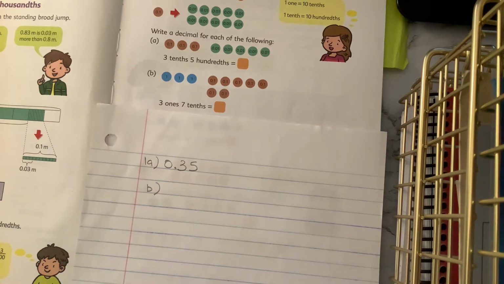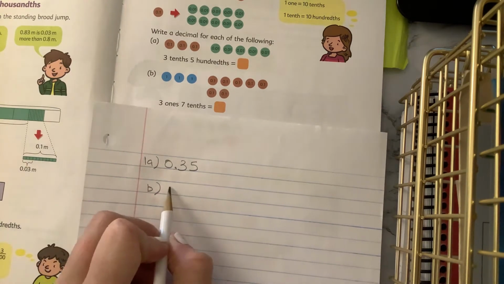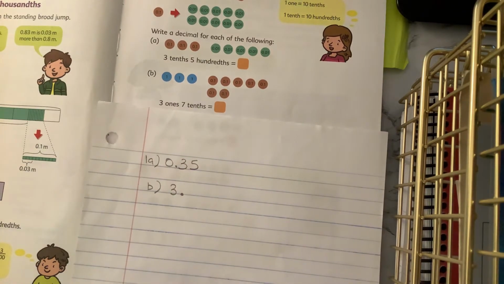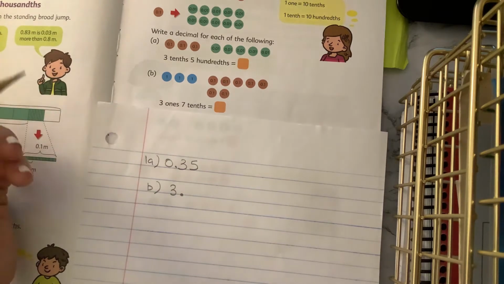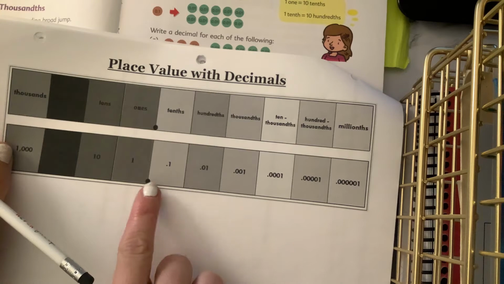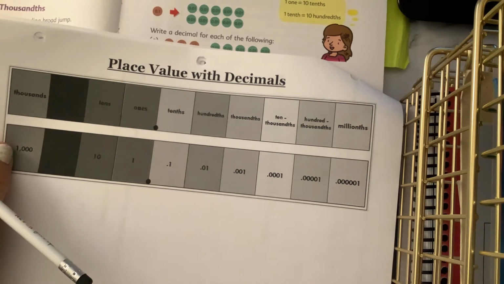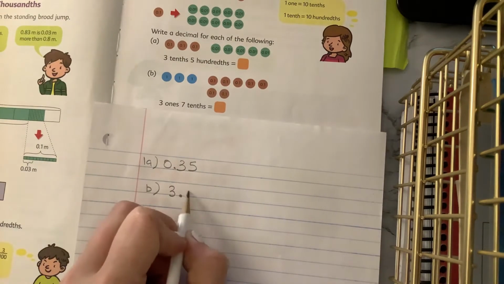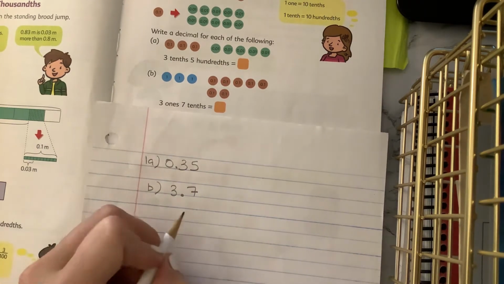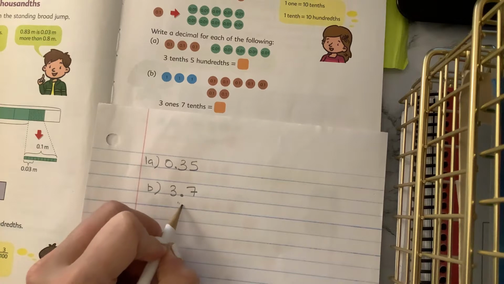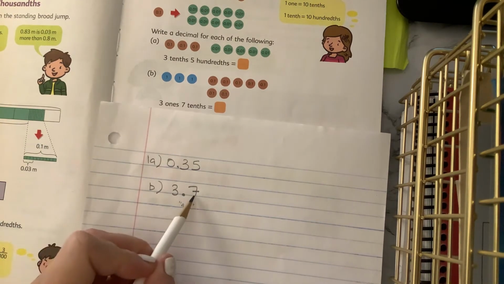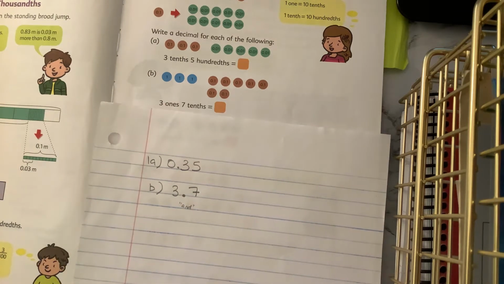So again, looking at our place value chart, 3 ones, remember the decimal point goes right on the other side of the ones place, and 7 tenths. Remember, our place value chart shows us that tenths is 1 to the right of the decimal point, so 1 to the right, we write 7. And we'd say this, 3 and, the decimal point we say and, so 3 and 7 tenths is how we'd read that word.